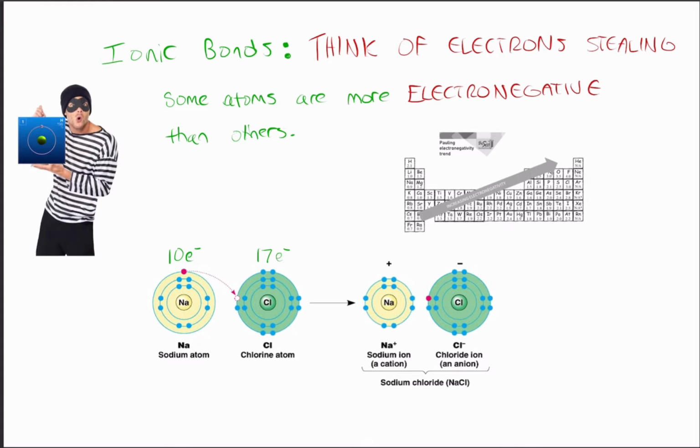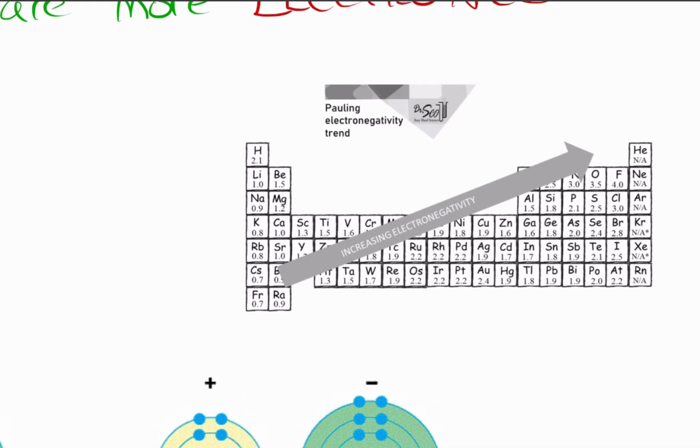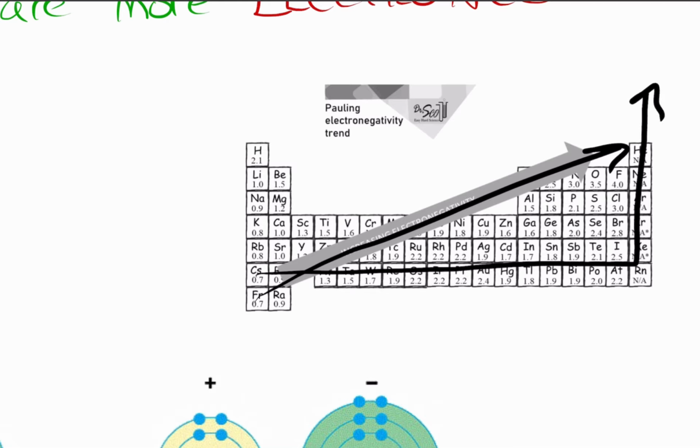With covalent bonds, these atoms share electrons, they're more friendly. However, we have these ionic bonds, which steal from one atom to the next. Again, we can see the electronegativity here, and the more right you go, the more up you go, the higher the electronegativity would be.